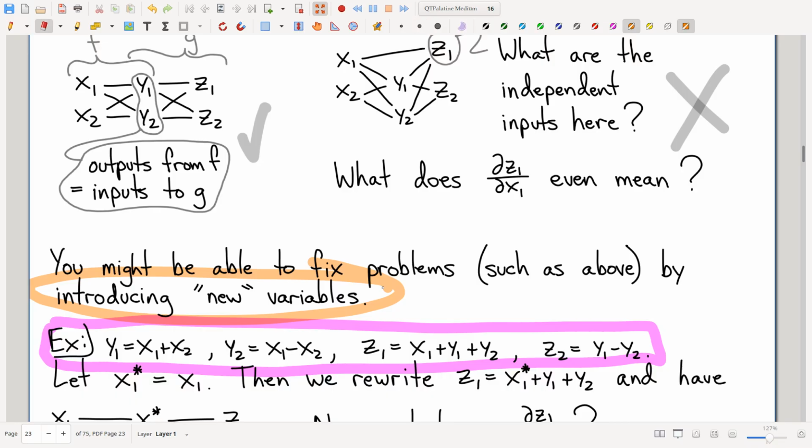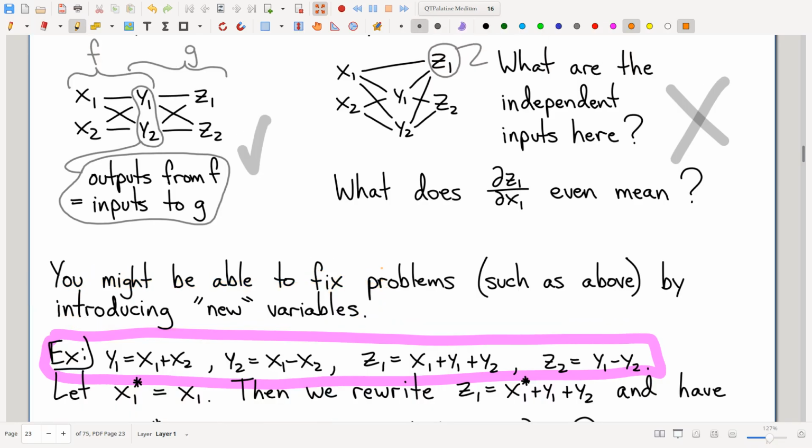It's pretty easy to do in this case. You can almost see we've got the stages, you might say, and the problem here is that we're jumping over a stage. So how about this? I'm going to introduce a new variable there, and that variable is going to be literally just x1.